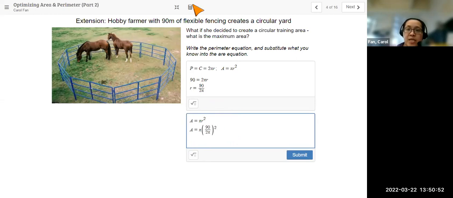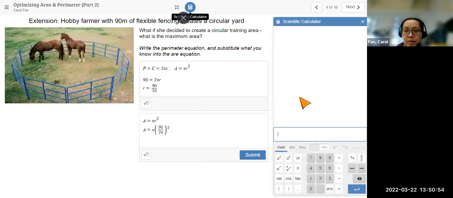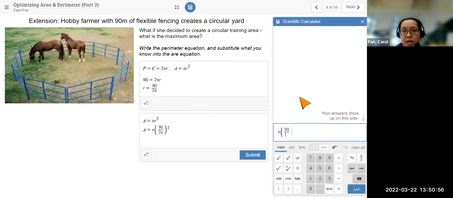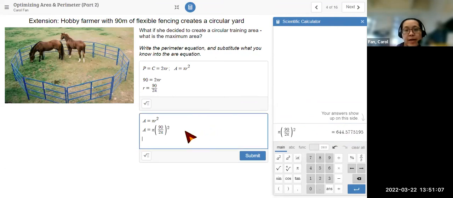Let's type this all into the calculator at once. So pi times 90 over 2 pi, exponent 2. Right, so I have my final area here of 644.6.